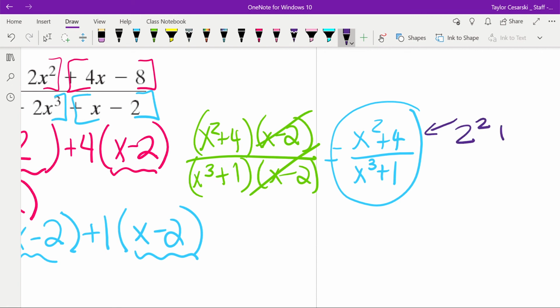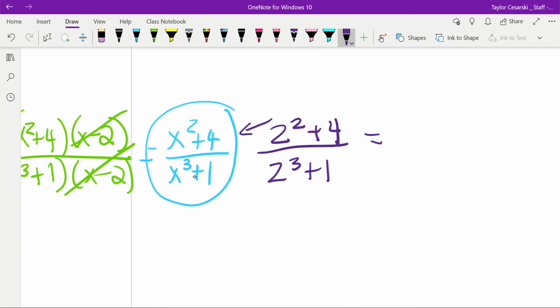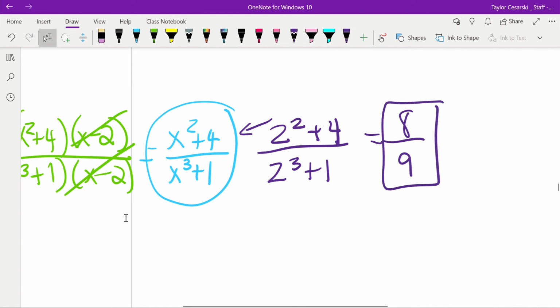So you get 2 squared plus 4 over 2 to the third plus 1. So that's 8 over 9. So that's your limit.